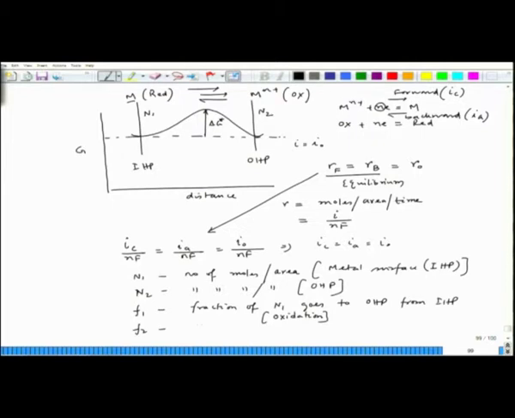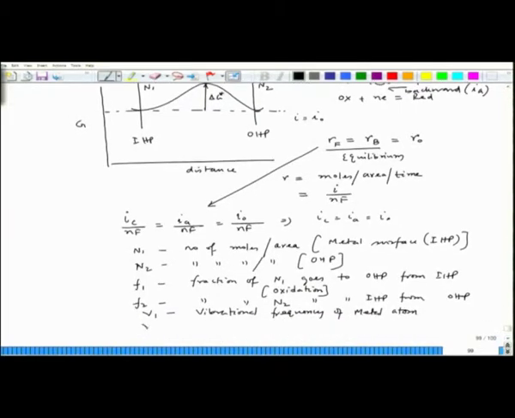F2 is the fraction of N2 that goes to IHP from OHP, and nu 1 is the vibrational frequency of the metal atom and nu 2 is the vibrational frequency of the metal ion.